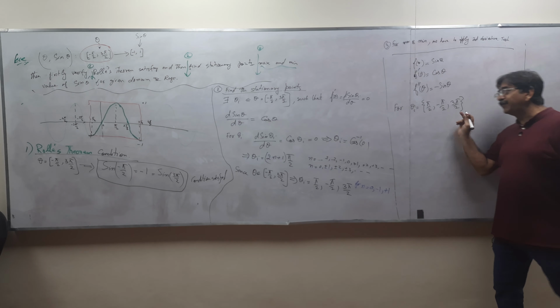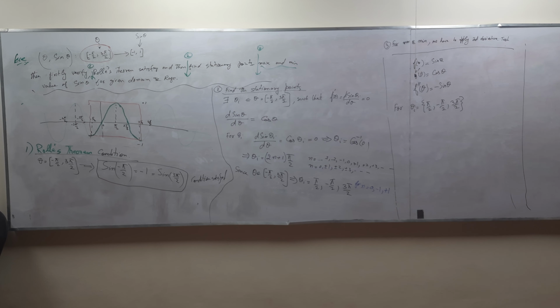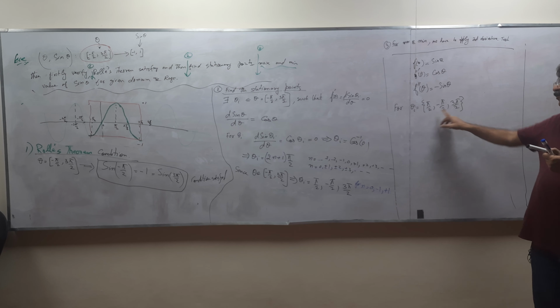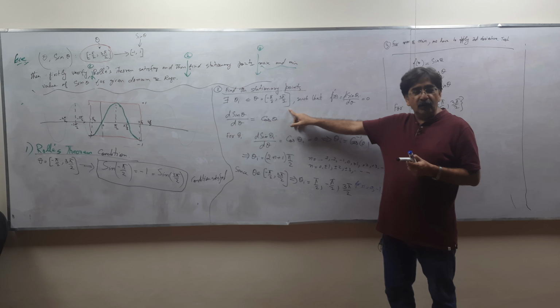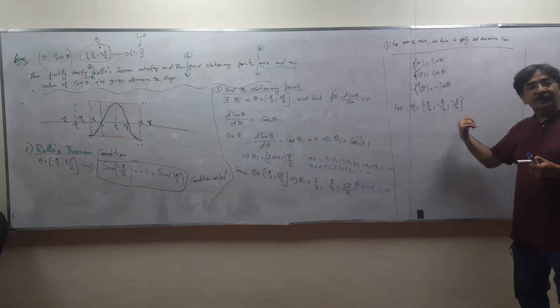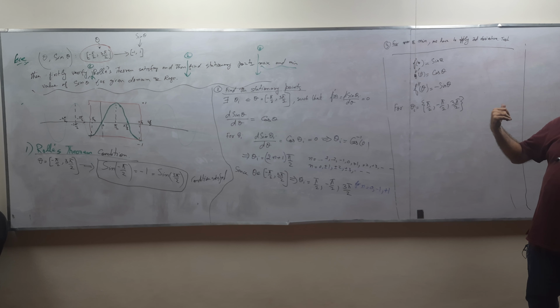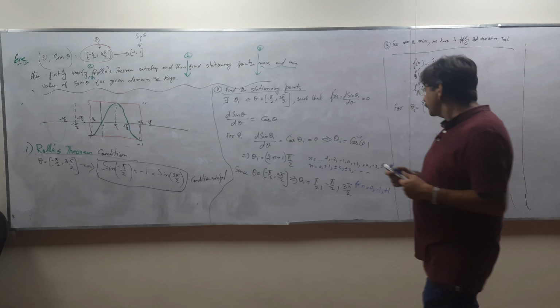Why have I used this bracket? Because these are fixed values. No neighborhood point will be considered. Because these are fixed, that's why I use this discrete bracket, because every element is a complete element. Okay, so pi by 2, minus pi by 2 and 3 pi by 2 are the elements.